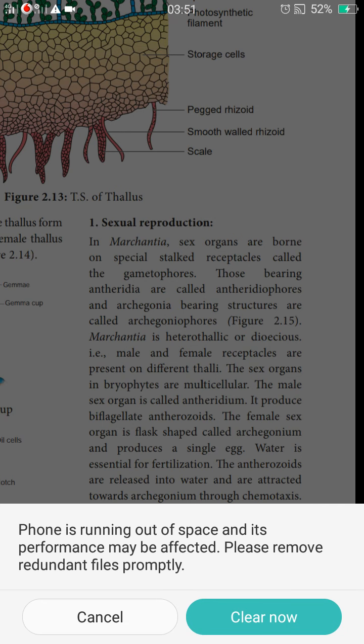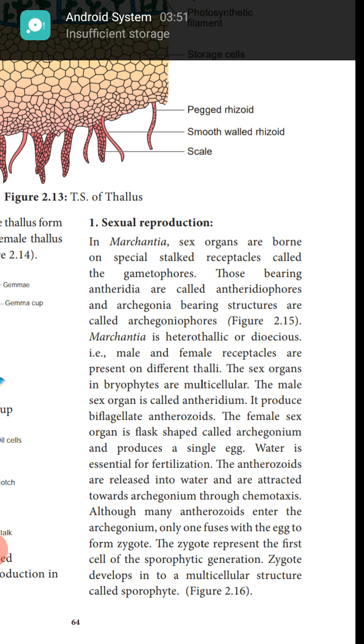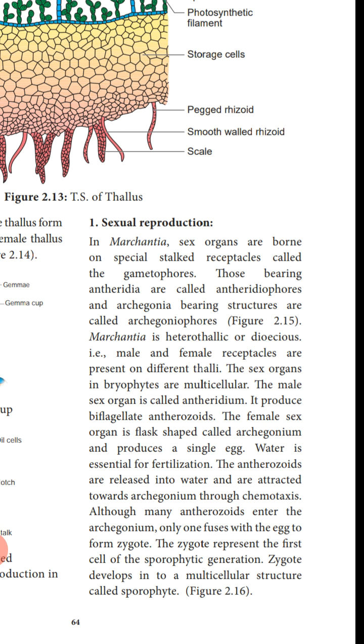Marchantia is heterothallic or dioecious. As we studied, the Marchantia thalli are heterothallic or dioecious, that is, they have two different thalli, male thallus and female thallus, based on the presence of the reproductive organs.